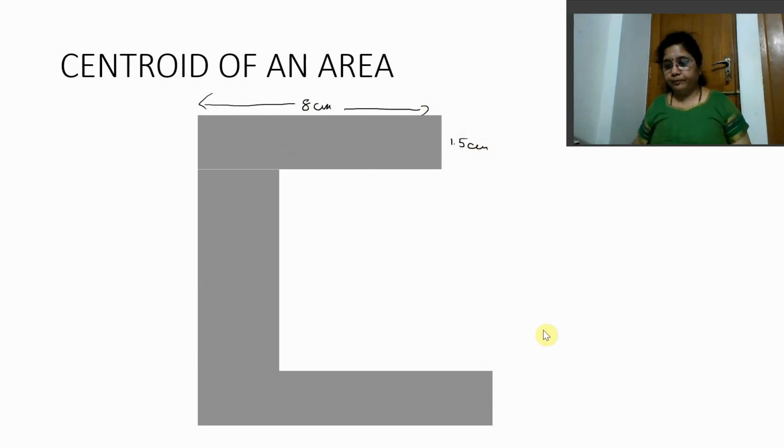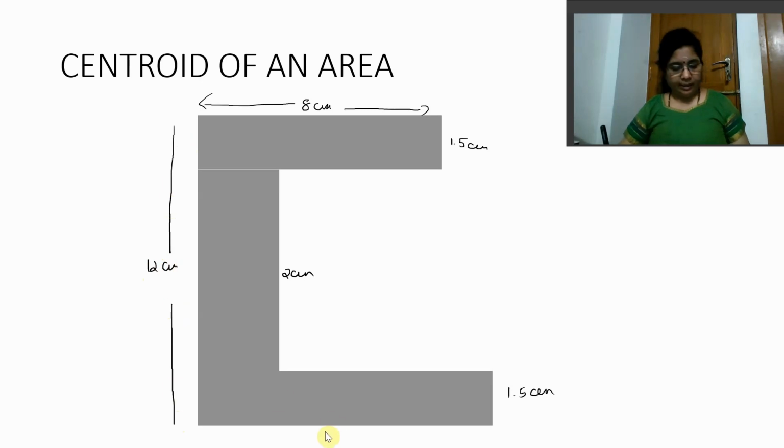This is also 1.5 centimeter, this thickness is 2 centimeter, and this length is 12 centimeter. This entire length is 12 centimeter, and this entire length is going to be 10 centimeter. Am I done? Yeah, I am done.